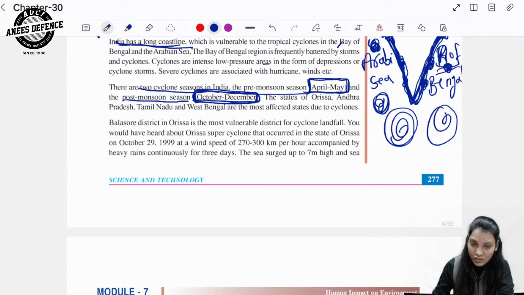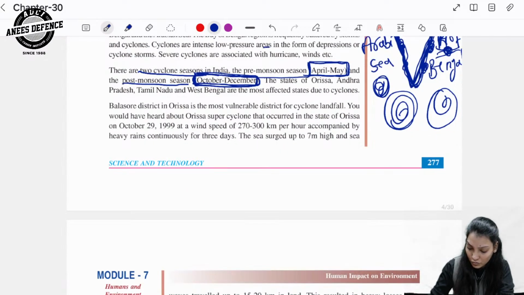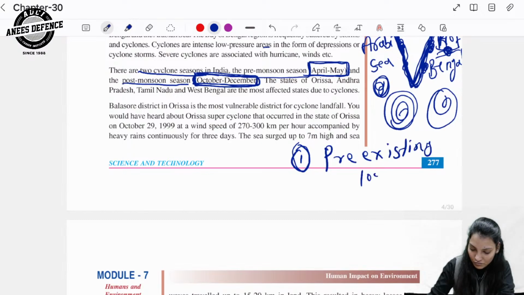Why? Because for a cyclone to occur, there are conditions behind it. First one is pre-existing low pressure. In these months, we have low pressure over the sea. That's why cyclones occur.